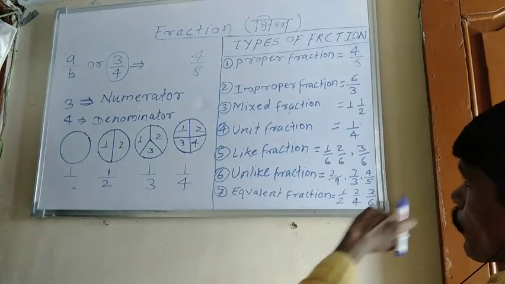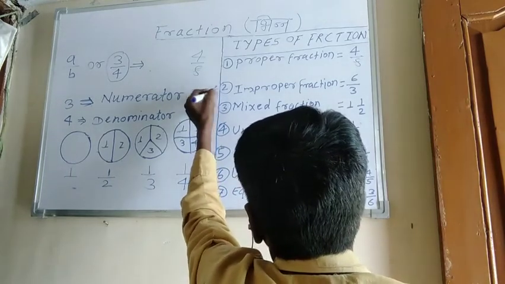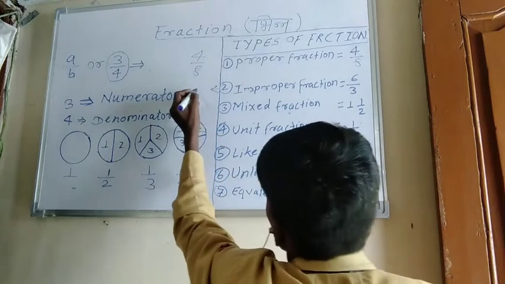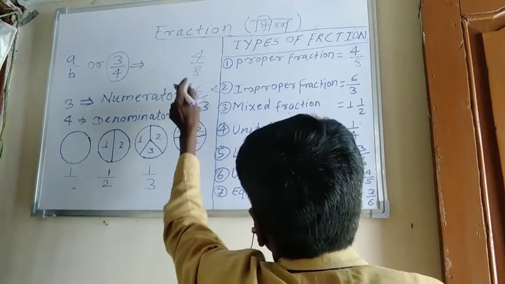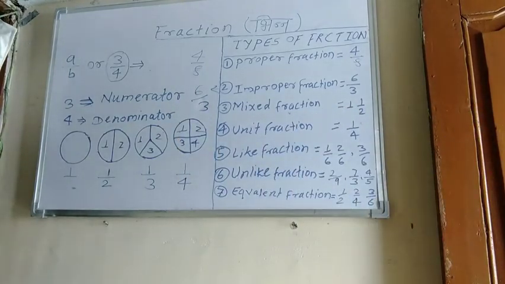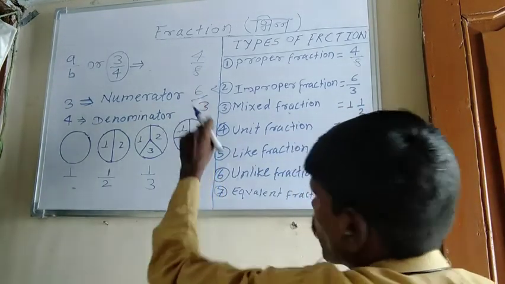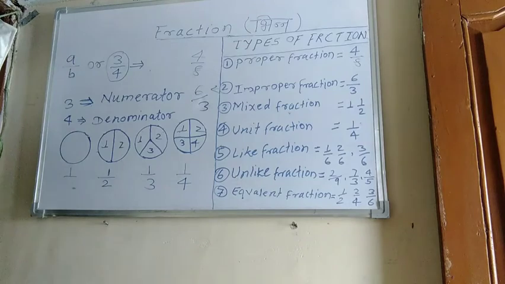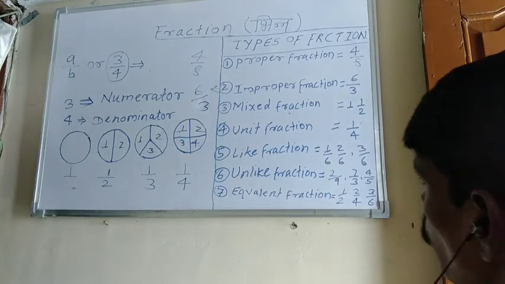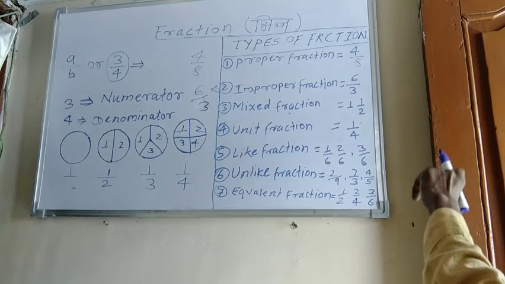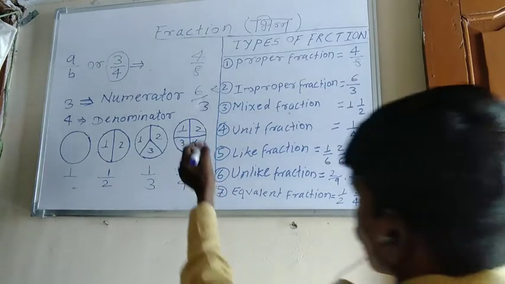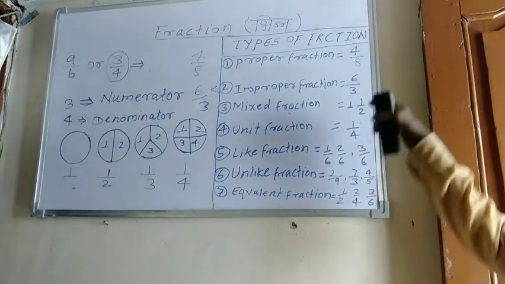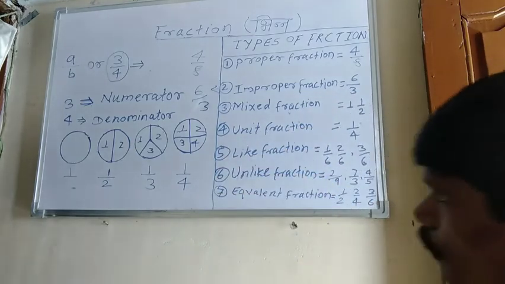The next is improper fraction. In the second example, 6 upon 3, the 6 is greater and the 3 is small. So how do you identify an improper fraction? In an improper fraction, the numerator is always greater than the denominator.